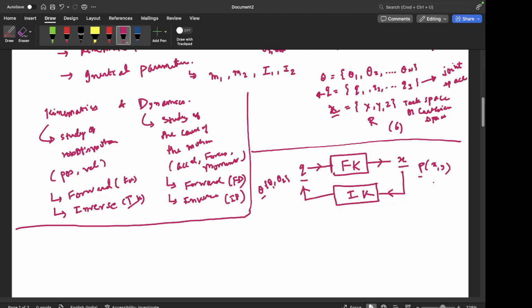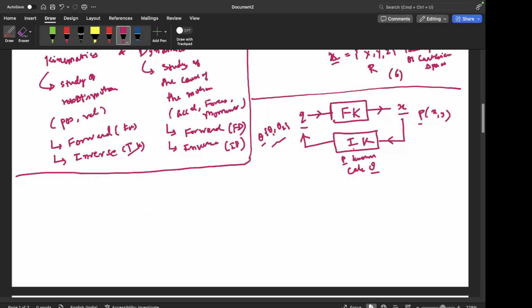And the reverse problem is knowing the position of the end effector, finding out the joint angles, right? So in inverse kinematics, P is known, calculate theta. And in forward kinematics, the reverse happens. And we keep using both of these in our modeling of robots, right?